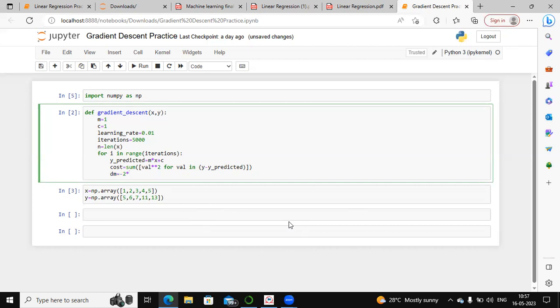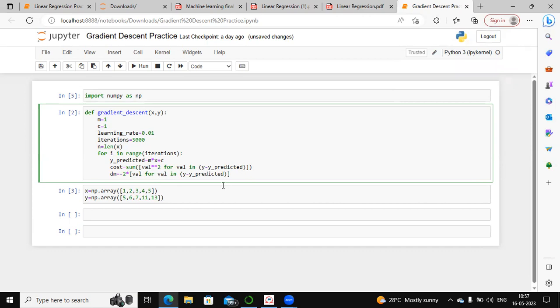So I have to take the sum of, so before doing the sum, y minus y cap, let me do y minus y predicted. I only want y minus y predicted, so we got the y minus y predicted values and we have to multiply with x. But do we need a list?